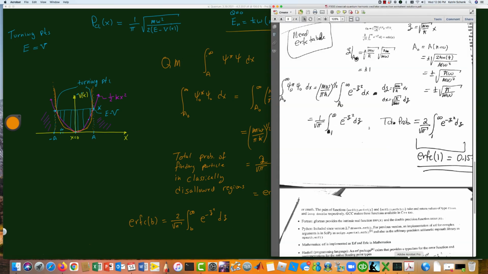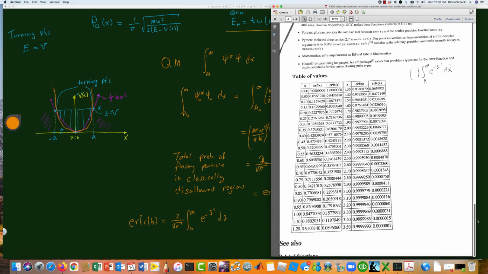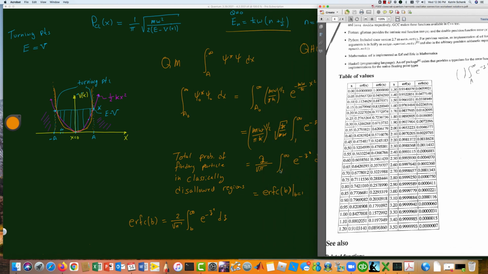And let's see, I have the table here. Here it is, ERFC. What you can do is look at x, so in other words, the x here is b. There's the error function and then the ERFC function. We know that our b is 1, so we'll go look at 1 right here, and the ERFC function is 0.1572992.